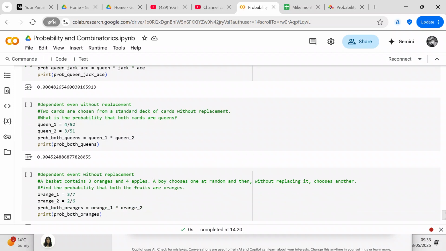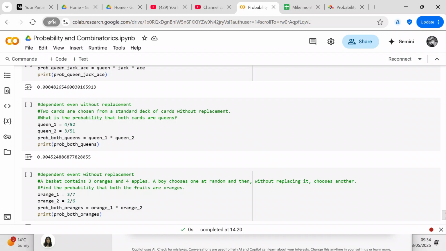So we have another question, which is a dependent event without replacement. 2 cards are chosen from a standard deck of cards without replacement. What is the probability that both cards are queens? So queen 1 is going to be 4/52 because there are 4 queens in a deck.